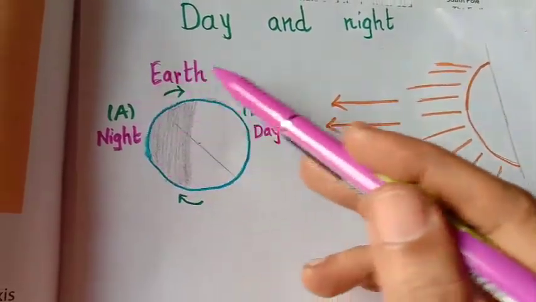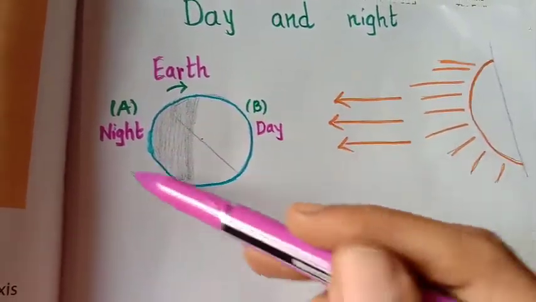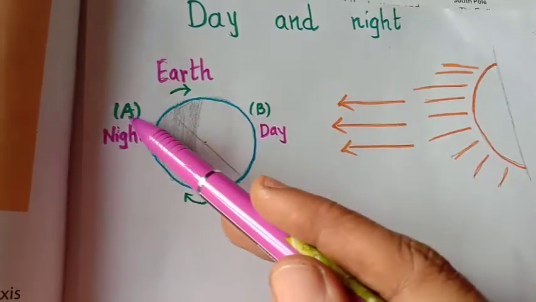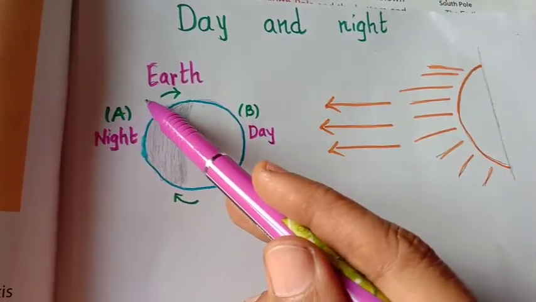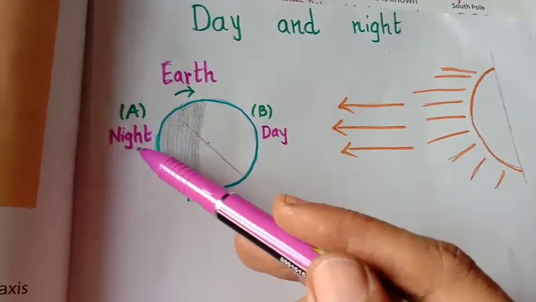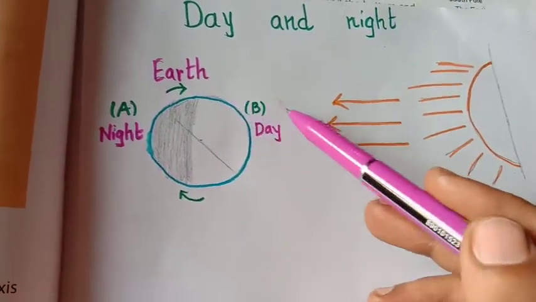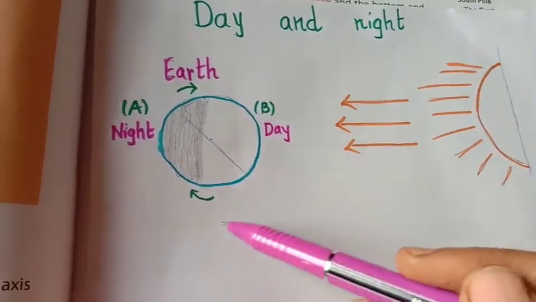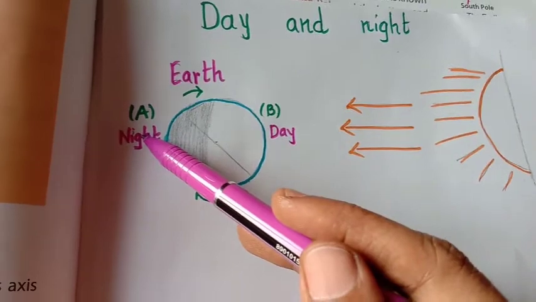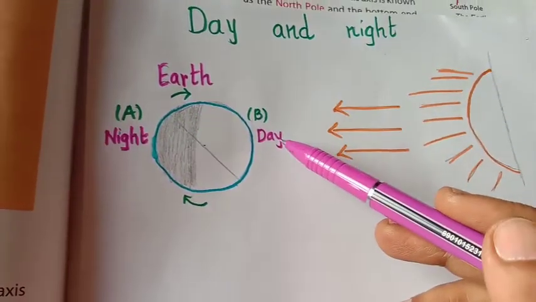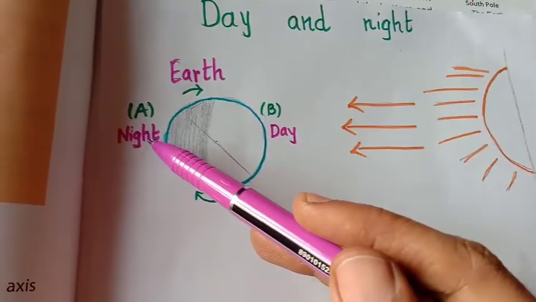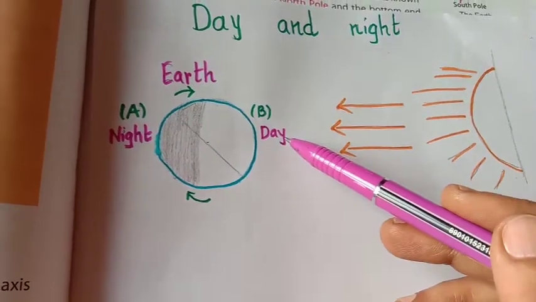Likewise, the Earth spins on its own axis, so when it takes a spinning movement, gradually this portion A comes to this side and this portion B goes to the A side, and then this day part turns into night and the night part will have day.